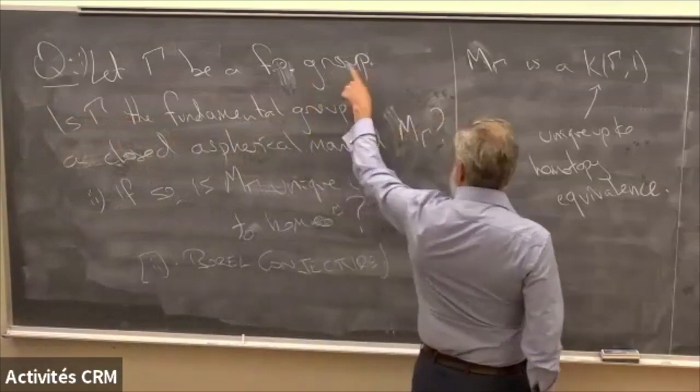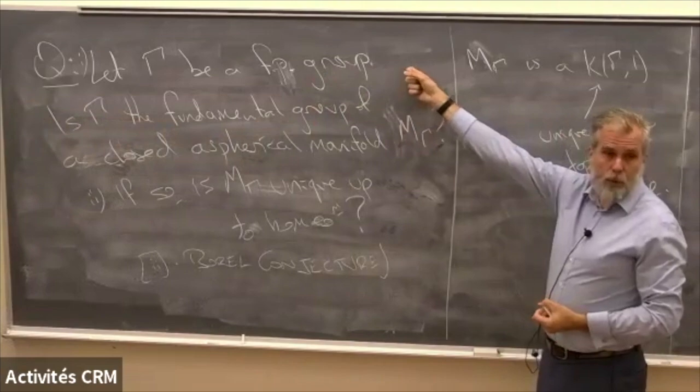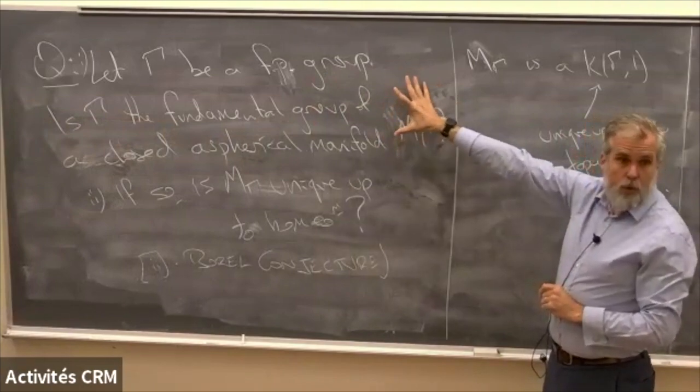So in a minute, I'm going to edit this question to be about groups satisfying Poincare duality, but not until I tell you exactly what that means. The upshot is, once we know what that means, this is also an open question.